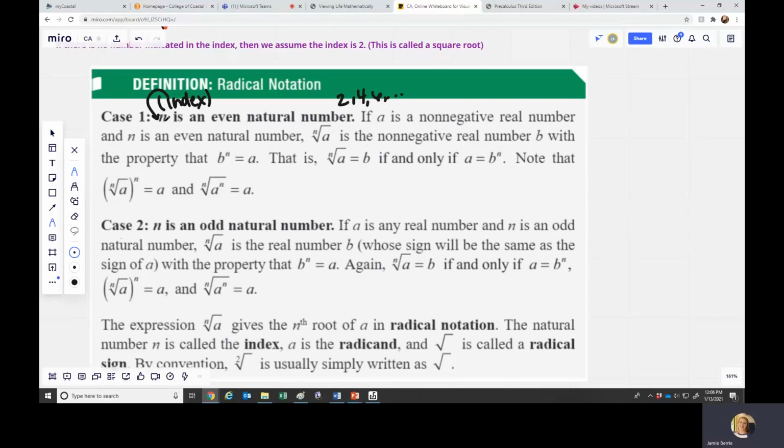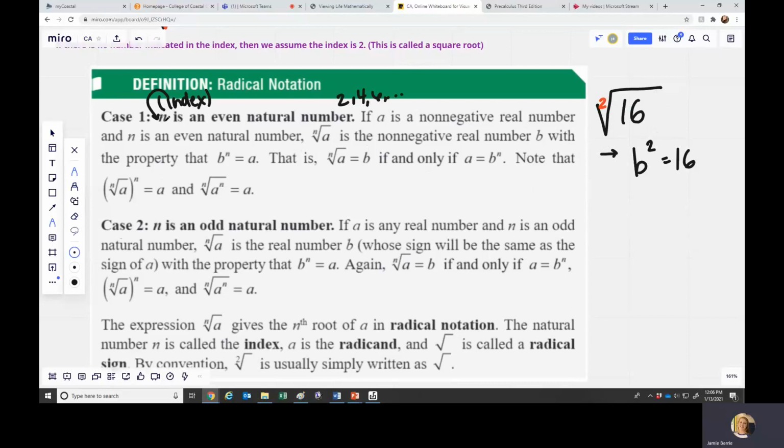All right, so I'm going to show you what that means. If we have something like the square root of 16, even though it's not indicated here, we can assume that the index is 2. So this definition says that this is equal to some number b that, when you square it, you get the radicand.